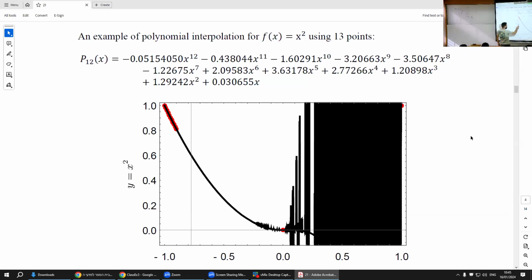Now, when I told it to go through these points, the real answer would be for all the coefficients to be set to 0, except this one, which should be set to 1. But what it makes now is a polynomial of order 12, with corrections to the x squared. So what is this function? It is x squared plus a correction.